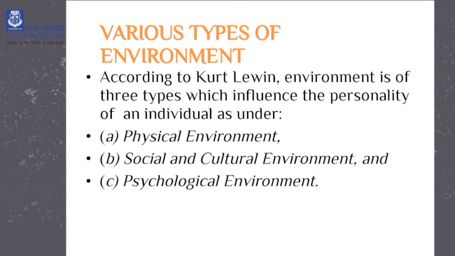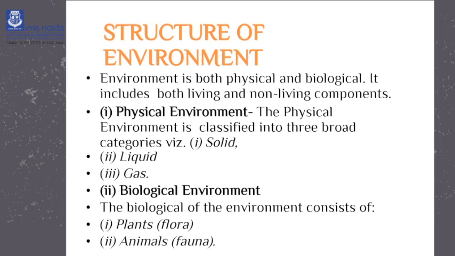Now, the various types of environment, as we already discussed, are the physical, social and cultural, psychological, as well as the biological environment. Structure again comprises both physical and biological. Physical has three broad categories: solid, liquid and gas.